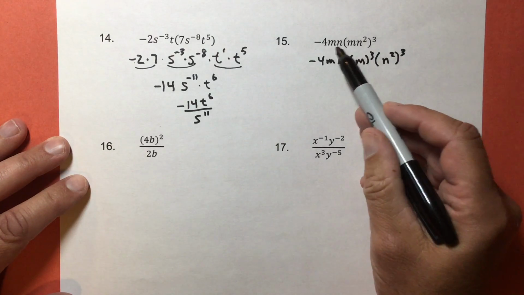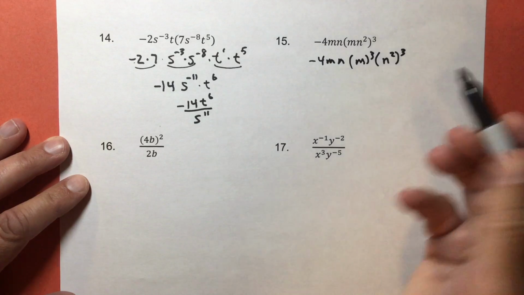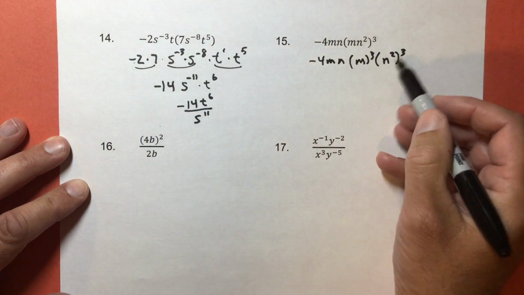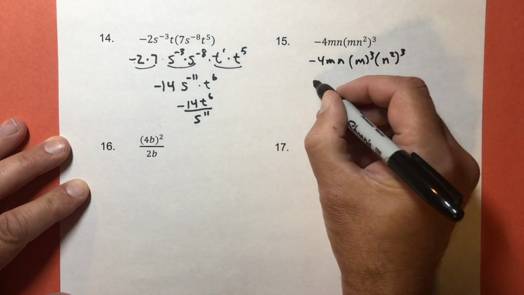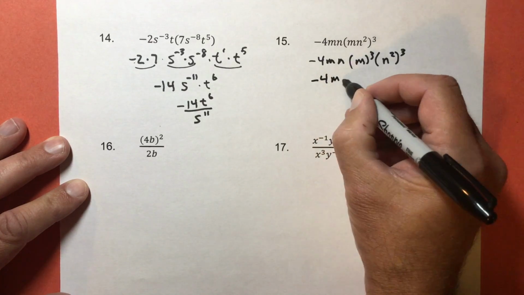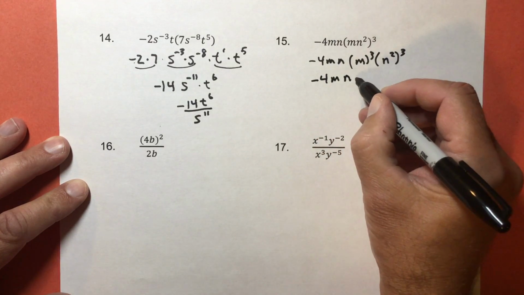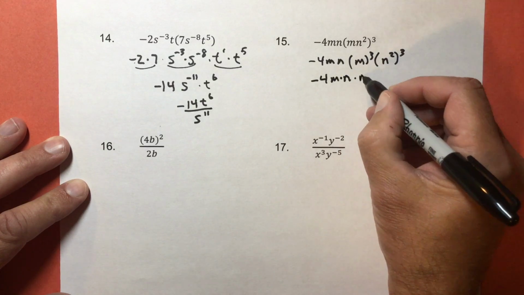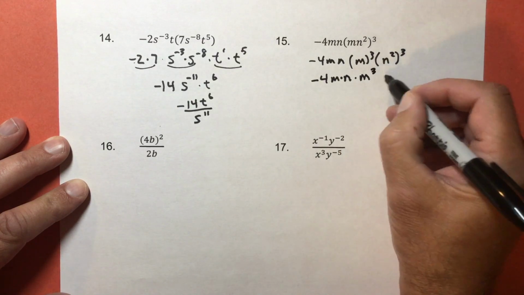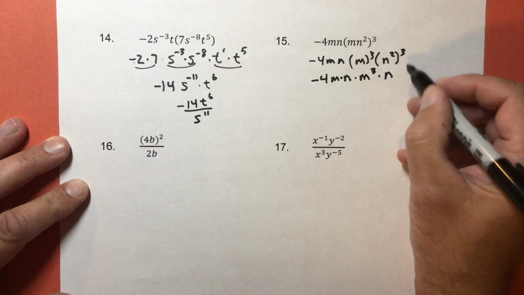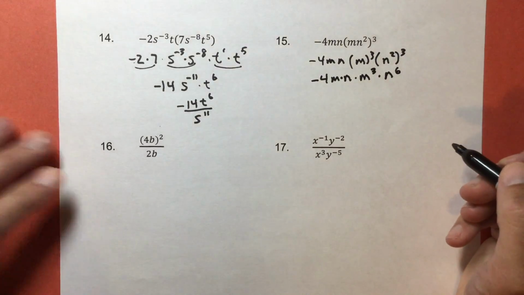I know, I don't know why we put m and n's together like that. So I'm going to take care of these exponents, and then we're going to put everything together. So I still got negative 4m times n, I'll put the dots in, times m to the third power times n, 2 times 3 equals 6, n to the 6th power.